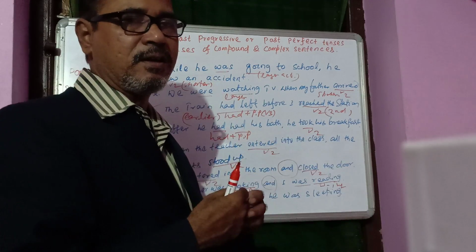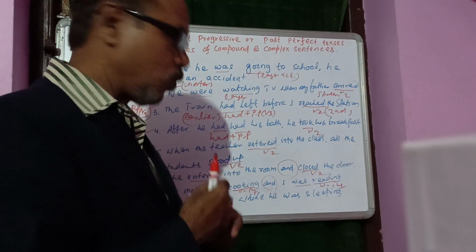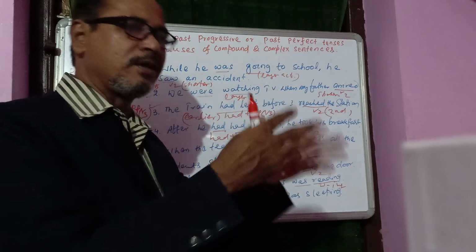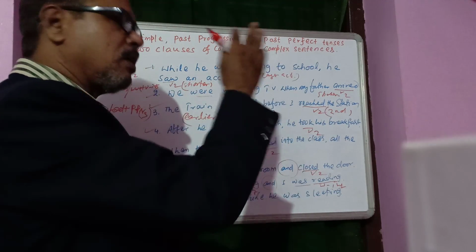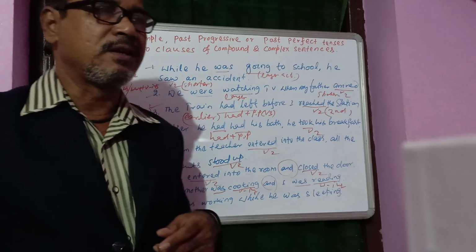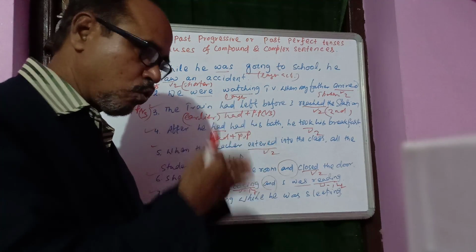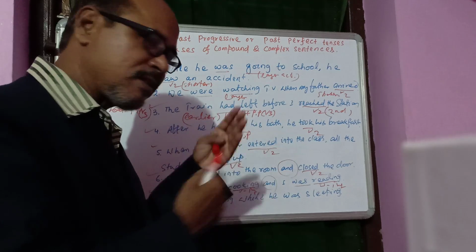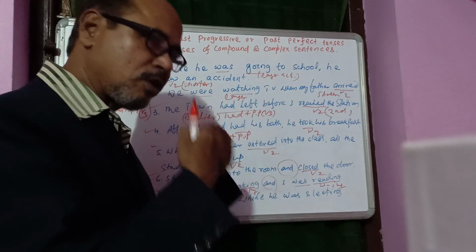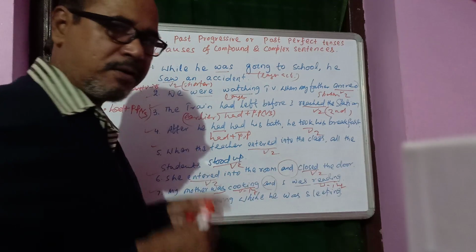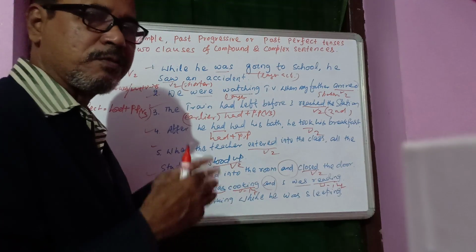I was reading; my reading was continuing. While my mother was cooking, I was also reading. In both cases, two actions or events were happening simultaneously. For that, the two clauses take the past progressive tense.